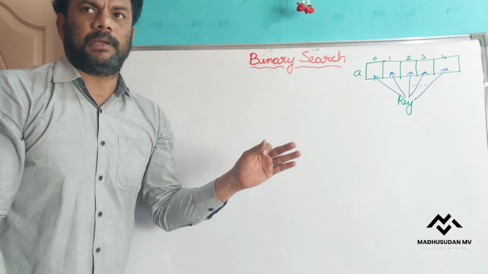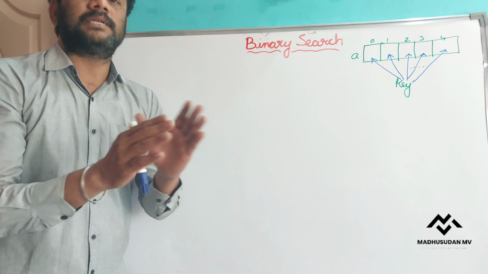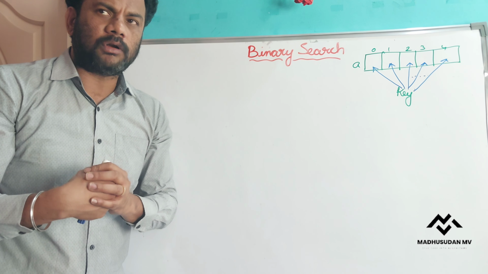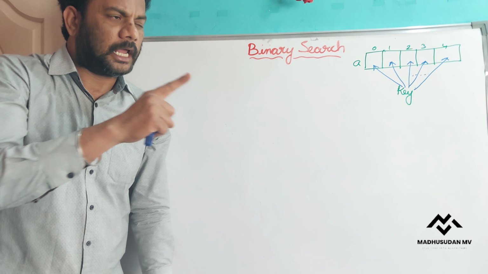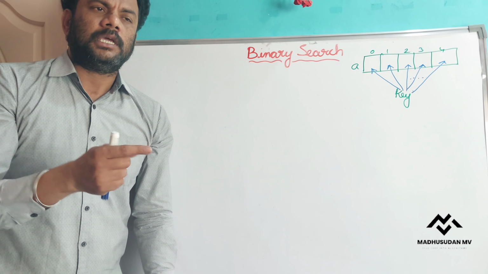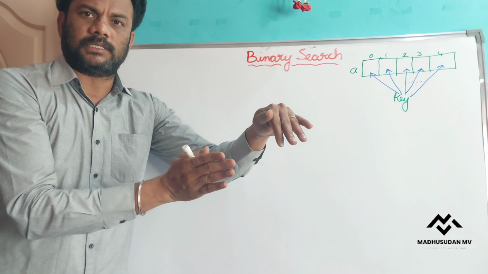For example, assume a classroom where both boys and girls are sitting scattered, wherever they want. If I want to search for one particular student, I need to search the entire classroom, so it takes time. Suppose I make the students sit with boys on one side and girls on the other side.